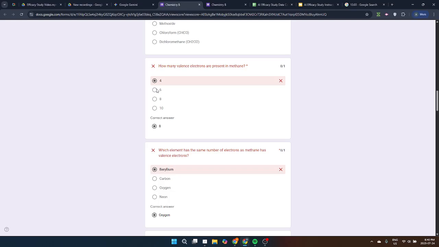And the valence electrons question. I was a bit confused. I misconstrued that the valence electrons were the same as the number of electrons in each hydrogen, and I said that because there are 4 hydrogens in methane, there must be 4 valence electrons, which was incorrect.